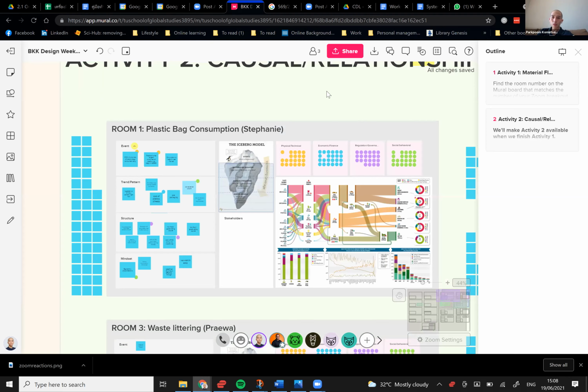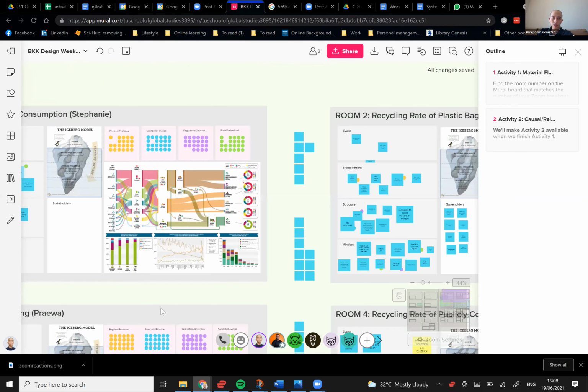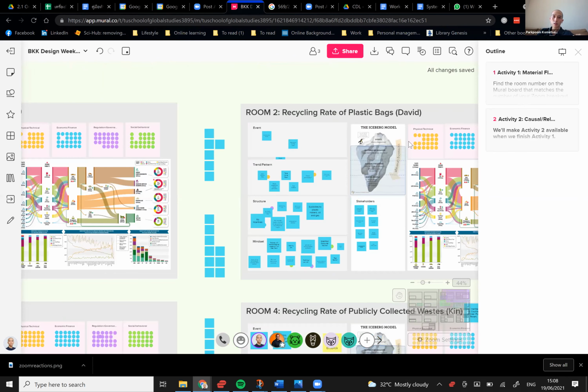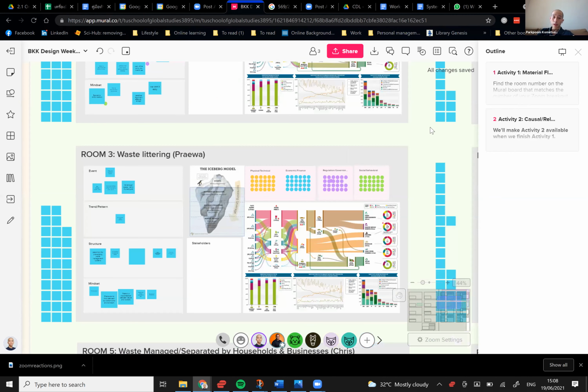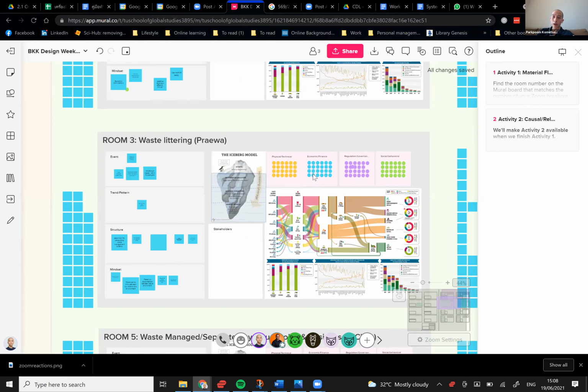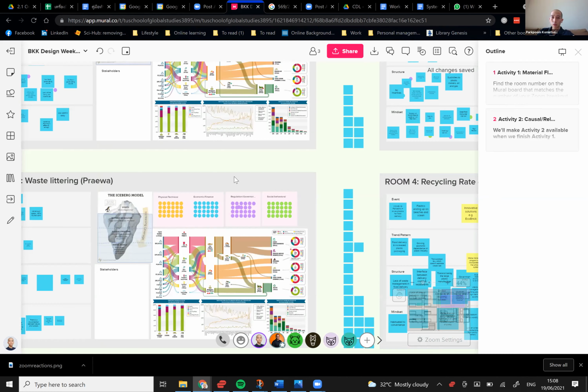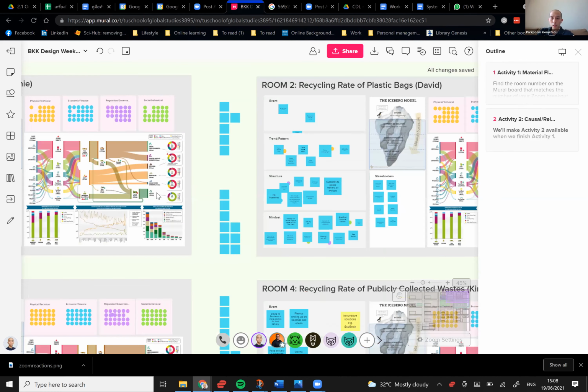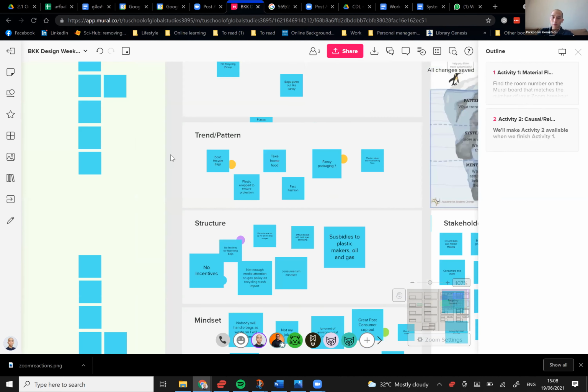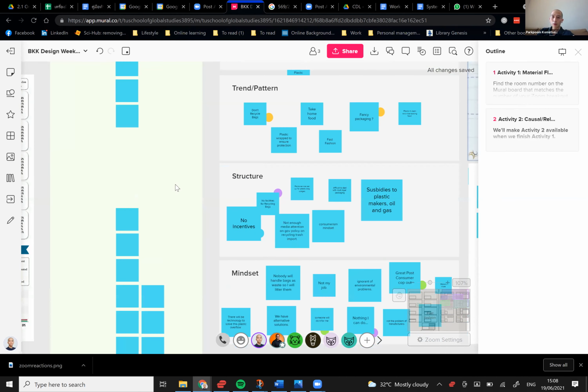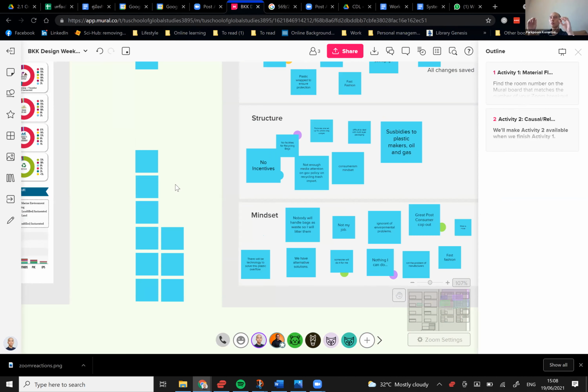I'm also going through some of the slides, and I also see a lot of similarity in terms of the lack of incentives, the lack of regulations, and the change of mindsets, although the trend and pattern are quite different because they have different issues. But what I just mentioned about the lack of subsidies and incentives is really crucial, and it's something that all share in similarity.